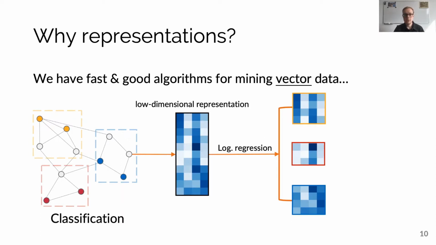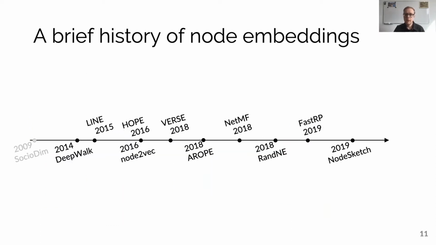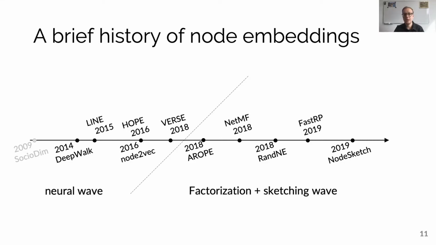I will talk about a lot of embedding algorithms today, covering the first attempts to the most recent advances. I will cover in total 10 different papers, so please be patient with me. I try to bring some unified structure to that, and I will separate my talk into 2 parts.